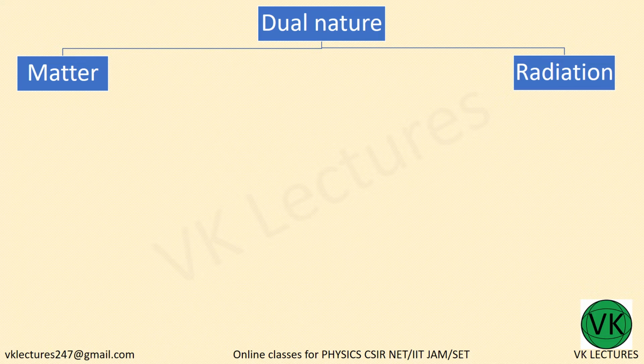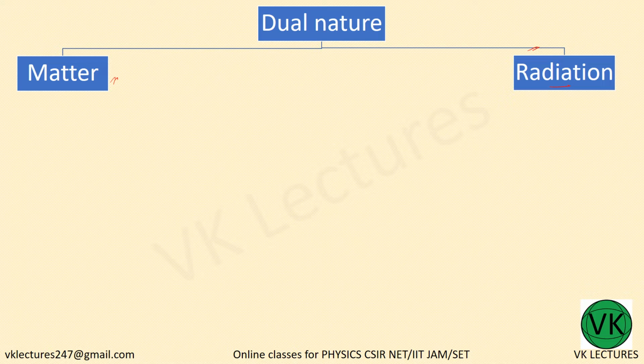Now, this entire world or universe is made up of either matter or radiation. Anything you take will come under either matter or radiation. Now, coming to radiation, through some principles radiation is considered to be a wave, and through some other theory it is said to be a particle. That means radiation has both wave and particle nature.